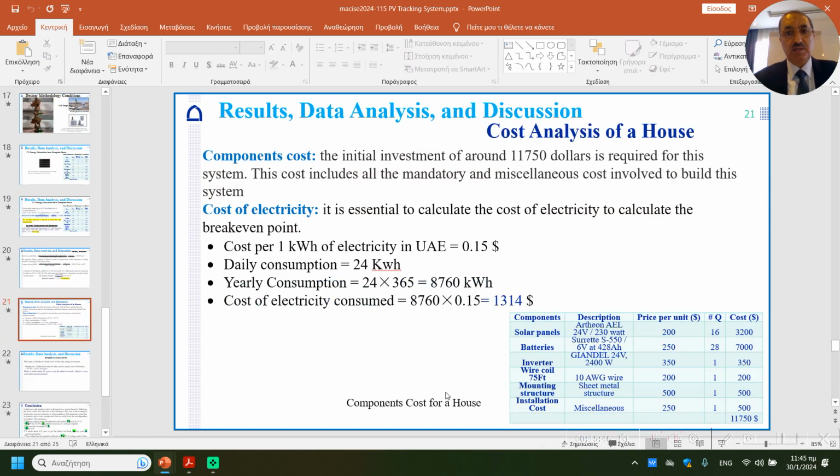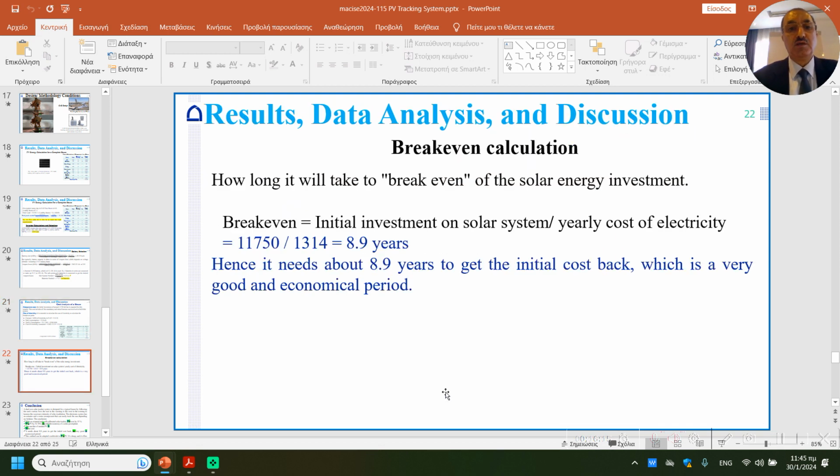Okay, and here we have the cost analysis. After having the components for the house with the installation, we said that using this kind of system, we will decrease the installation area, and we made a small calculation for the cost of electricity, for example, in the UAE, and how much electricity we will save in total.